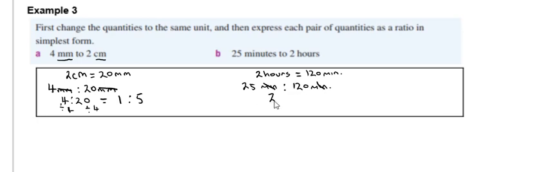Now we have 25 to 120. We can divide both by 5. 25 divided by 5 is 5, and 120 divided by 5 is 24. Now, any common numbers that divide into 5 and 24? There aren't, so that is our ratio.